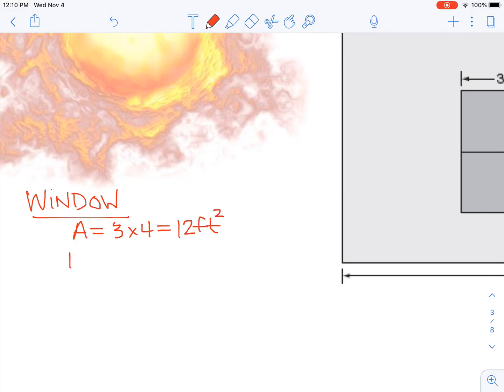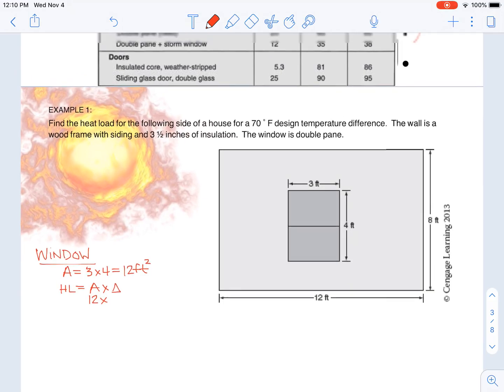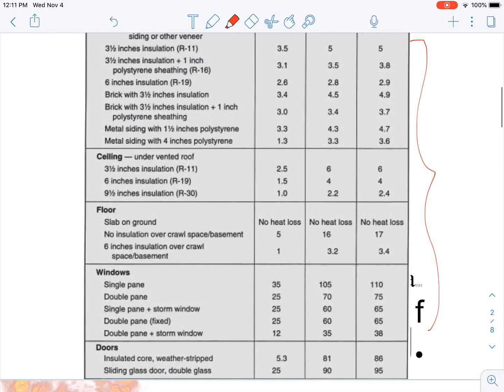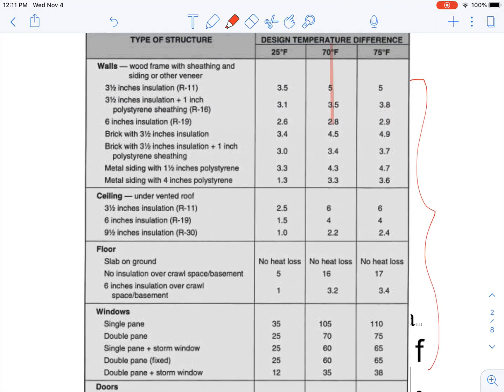And then to find the heat load or the heat loss, we're going to take the area times the coefficient of change. So we take our 12, because that's the area, and the coefficient of change you have to look up on the chart. Now our window is a double pane window, and we're at a 70-degree temperature difference. So we're looking at this chart back here under windows, and we're in this column because we're a 70-degree temperature difference, and we are a double pane window.